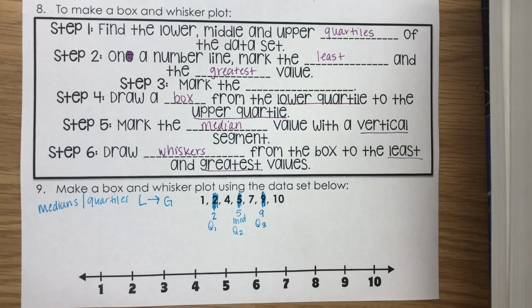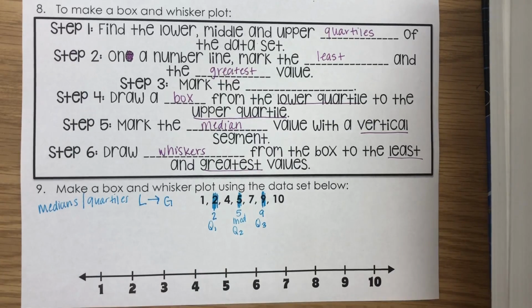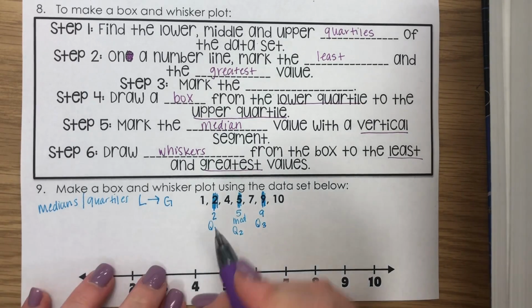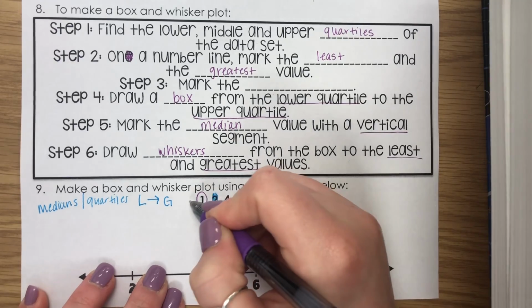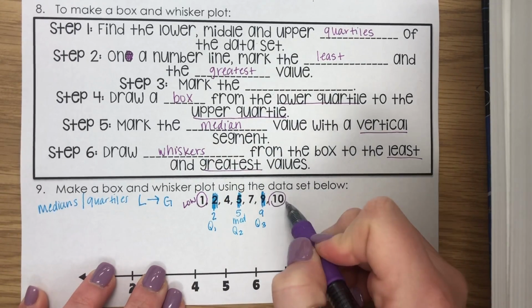The next thing we want to do before we graph any of this on our number line is find our lowest and our highest number. Because remember, we have to draw whiskers from the least and greatest values, and that's talking about the entire data set. So 1 would be our low, and 10 would be our high.